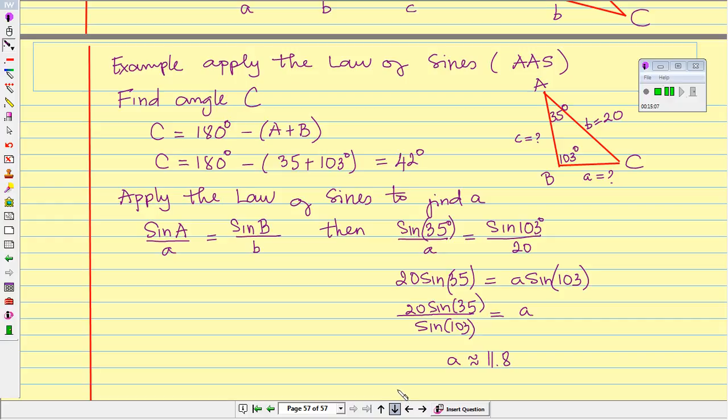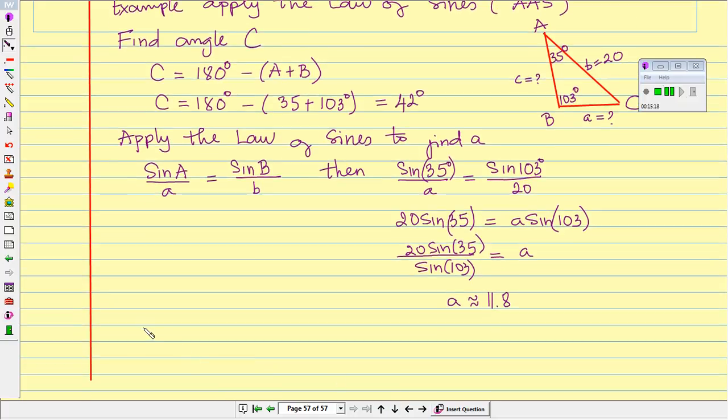Now we cannot use the Pythagorean theorem because this is not a right triangle. Again, we are going to use the law of sine to find side c.